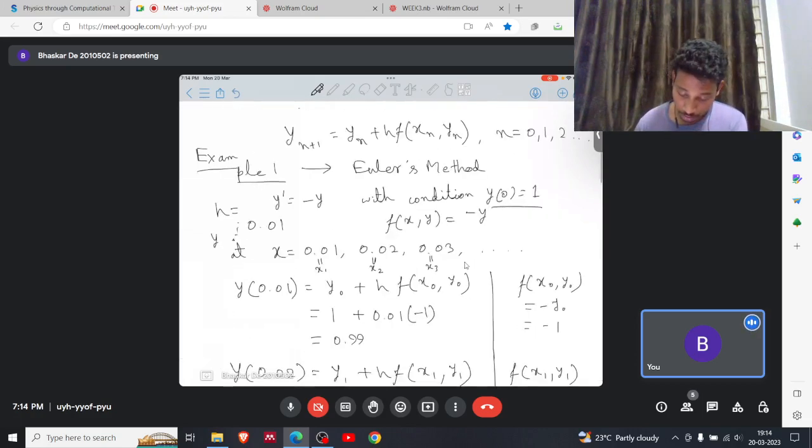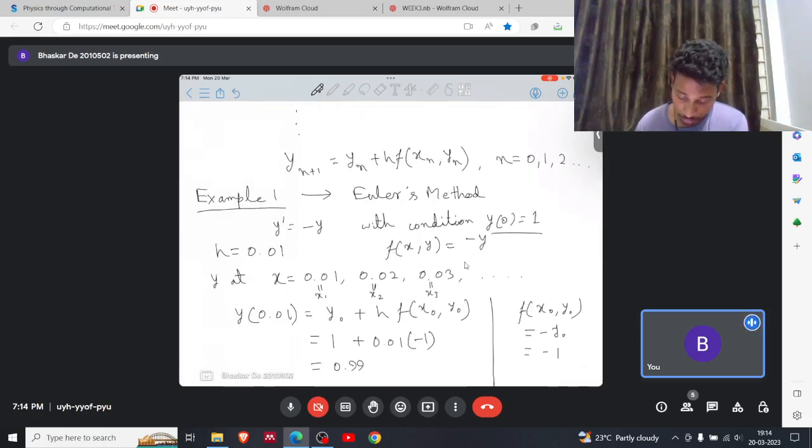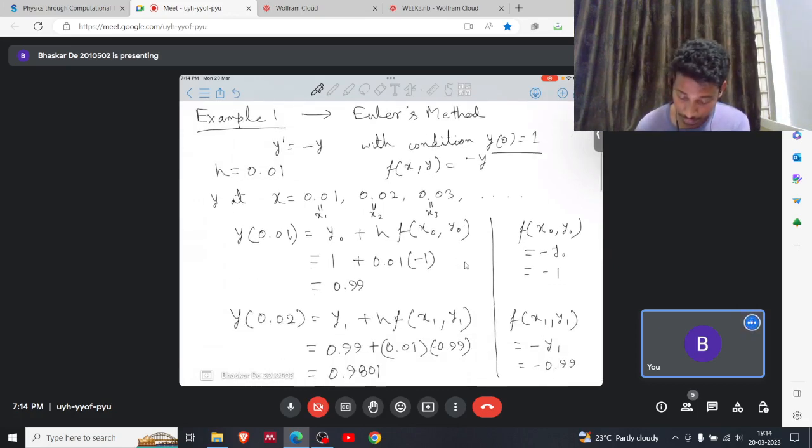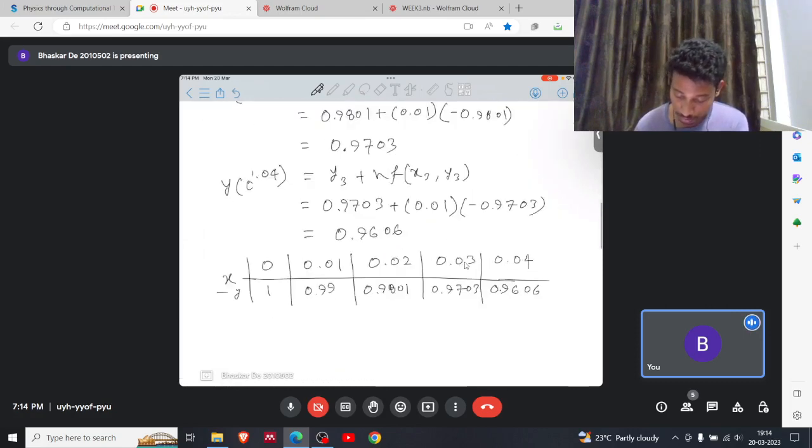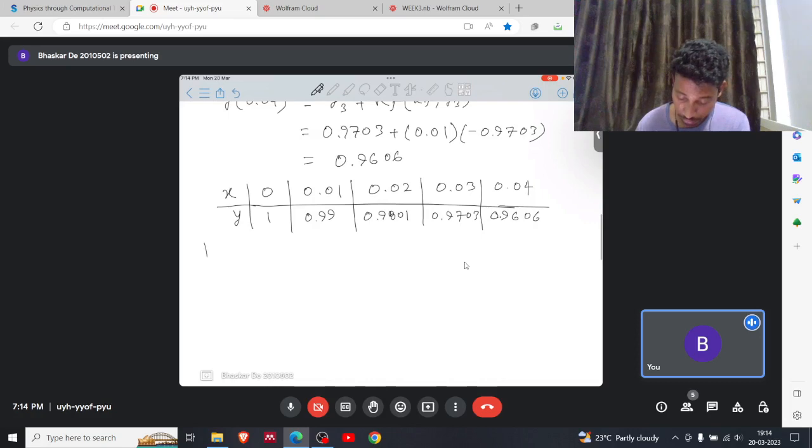Here we can also change this value 0.01 to 0.005 or something, and then we can find the value of y from this differential equation. If we use h equal to 0.005, then we can find values at 0, 0.005, 0.01, 0.015, and so on.